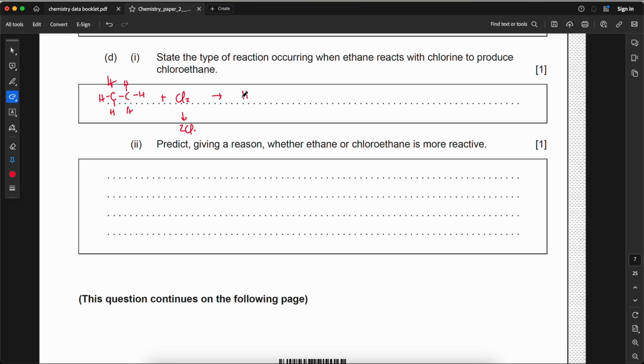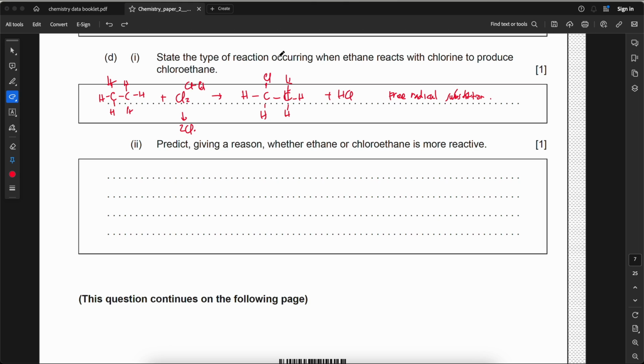Then it will substitute one of the H and produce HCl. So the type of reaction would be free radical substitution. Because this Cl2 needs to be split and produce chlorine radical, and directly substitute one of the H. That's why it's called free radical substitution.